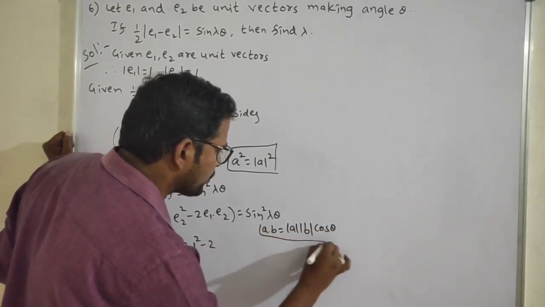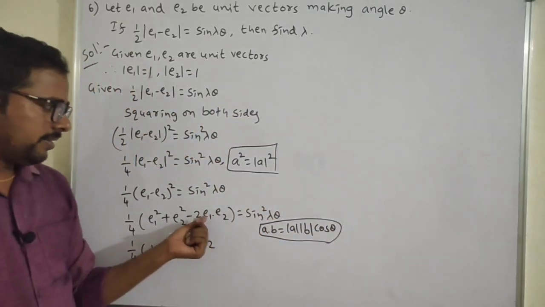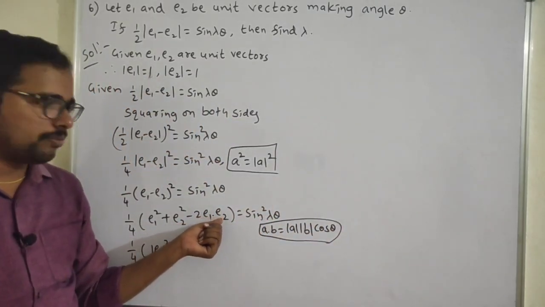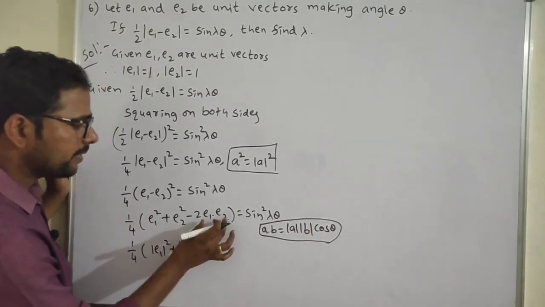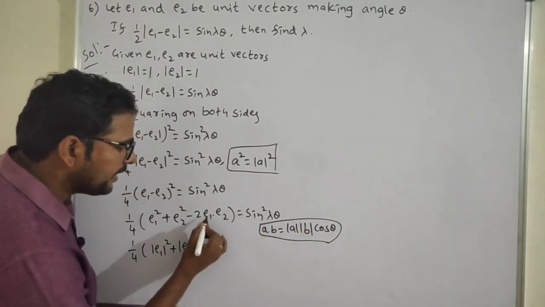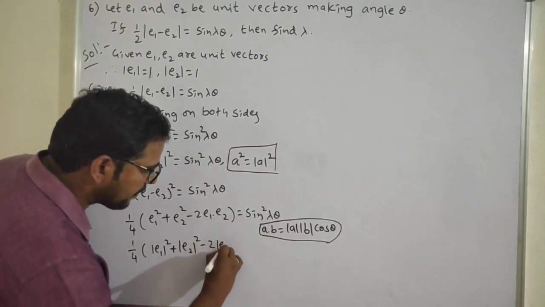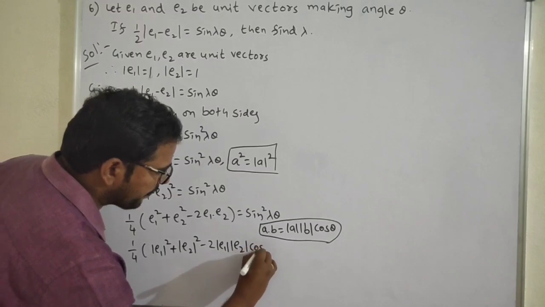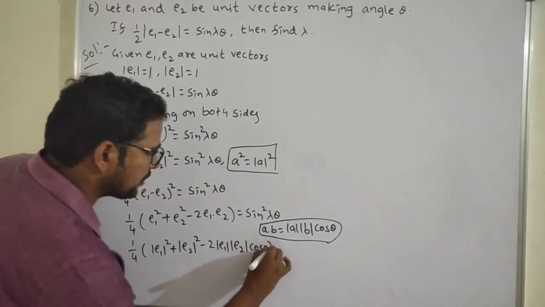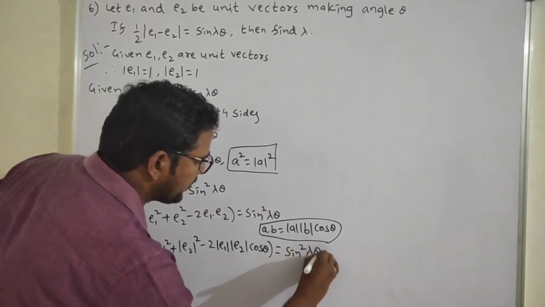Apply this formula here: a is E1, b is E2, so we write modulus E1 modulus E2 cos theta is equal to sin square lambda theta.